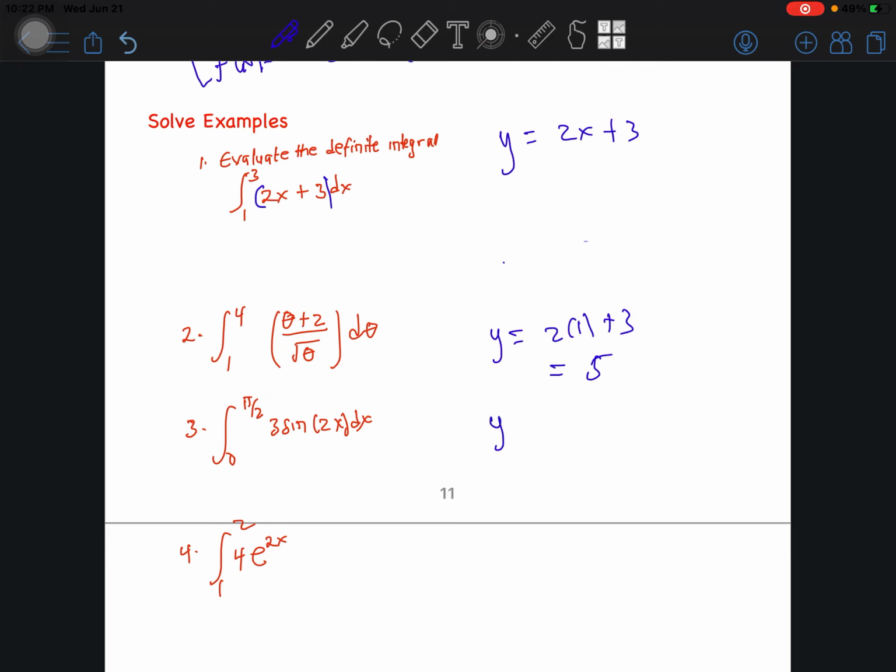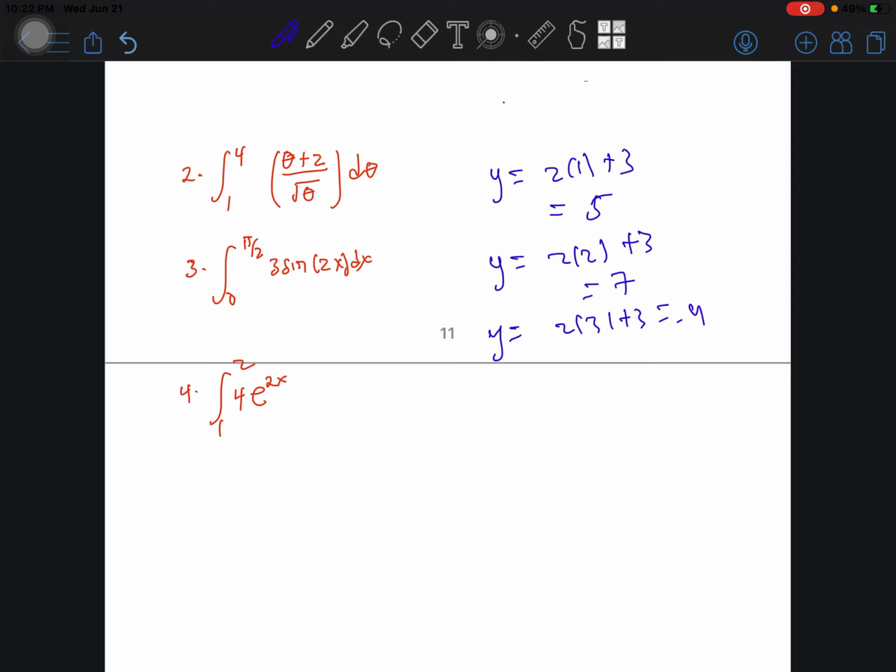Then x equals 2: 2 times 2 plus 3, 4 plus 3, we get 7. And at x equals 3, y equals 2 times 3 plus 3, which is 9. That's my function value.